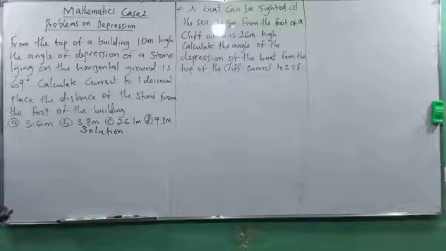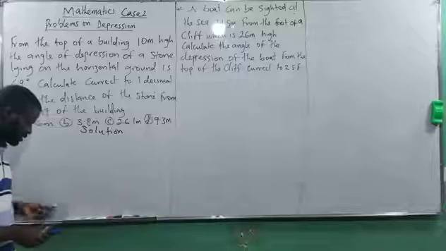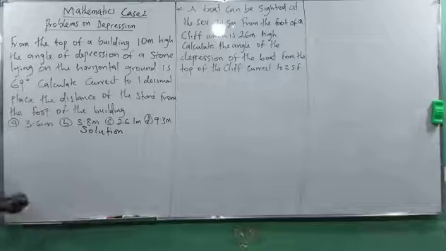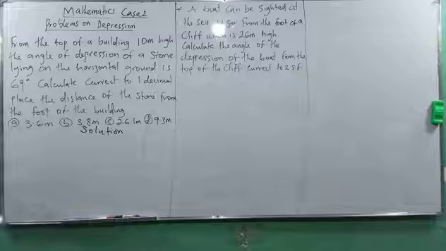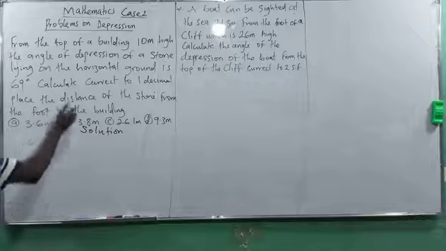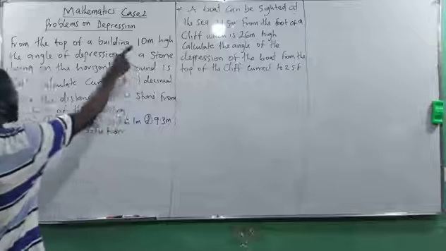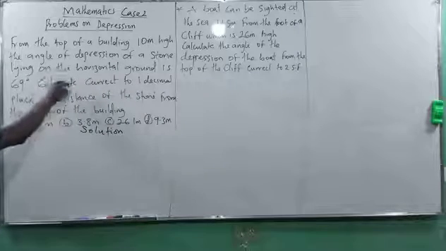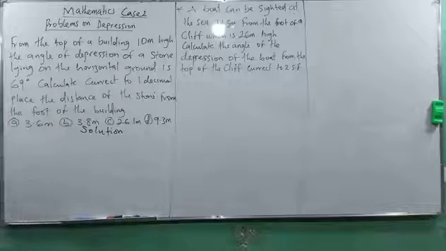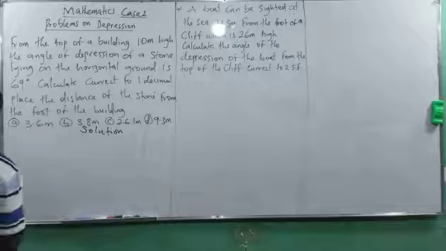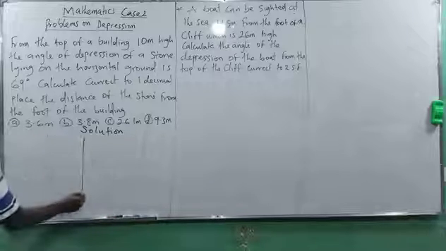Now, the question says that from the top of a building, 10 meters high, the angle of depression. This is going to be the building, 10 meters high.